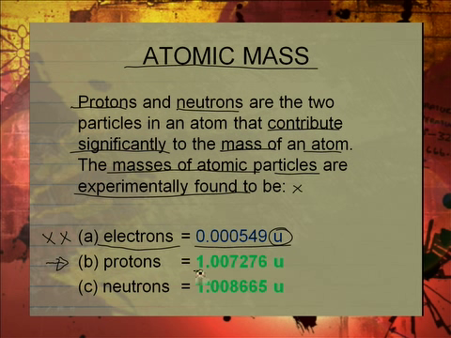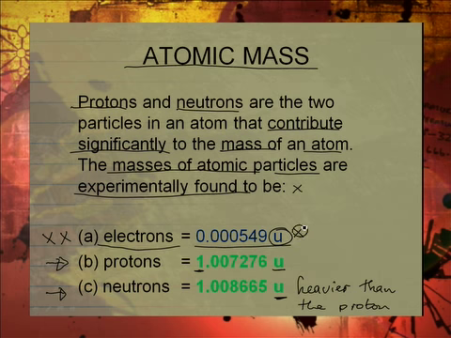You start with a significant number 1, 1.007276 units, and with neutrons what we have is 1.008665 mass units, and you can see that the neutron is even a bit heavier than the proton.